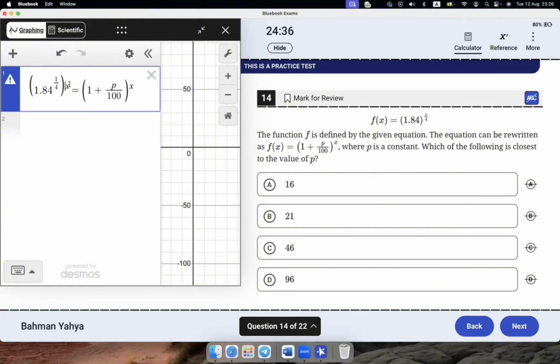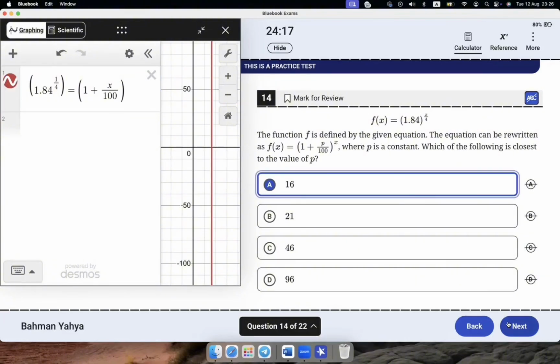Because they both are raised to x, it means I'll just let the x part go. It means the parentheses are equal to each other. So what I will do, instead of p, can I just write x or y to see what the value of p is? When I write x, it's 16 point something. Because I am asked for the closest one, I'll pick 16.